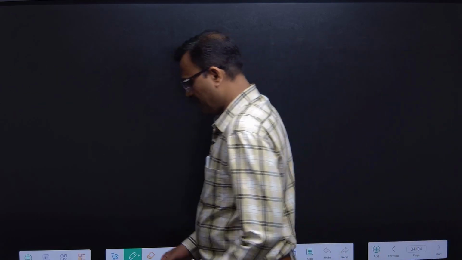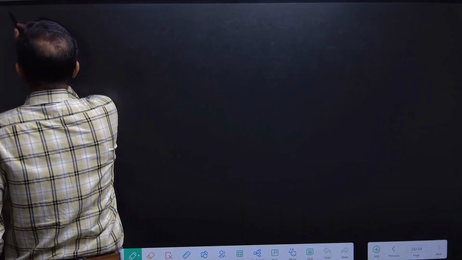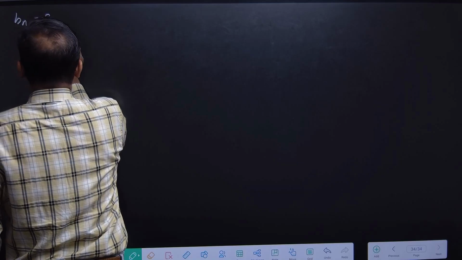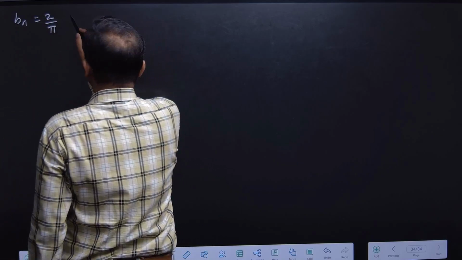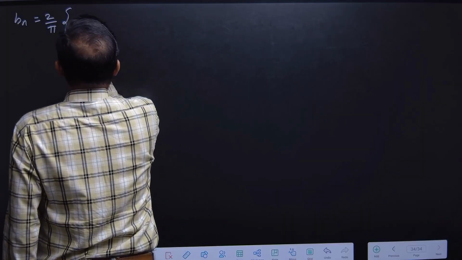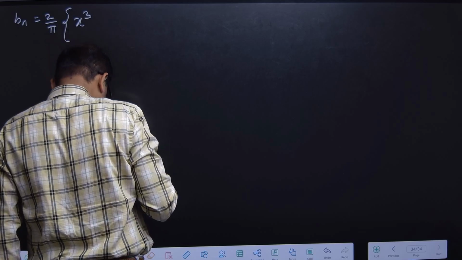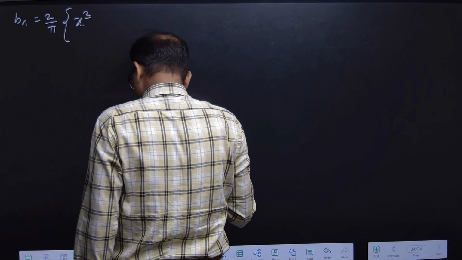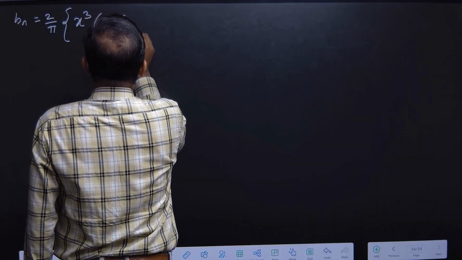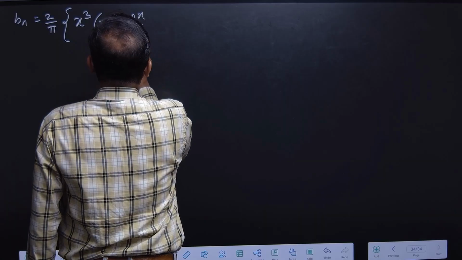So now if you apply the formula, you see bn will be 2 upon pi. We'll write this 2 upon pi as it is outside the integration. Now if you substitute the respective values, remember it is u into v1, u is x cube, our v was sine nx, so v1 is minus cos nx upon n.